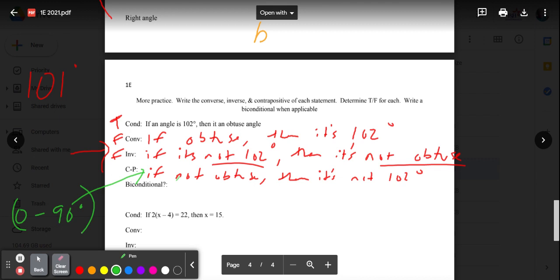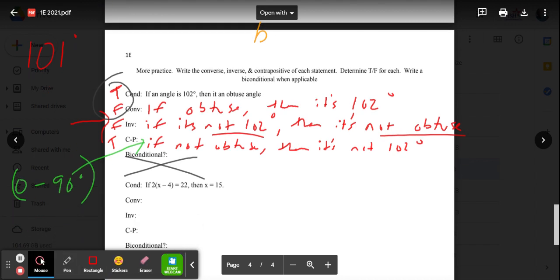If it's 0 to 90, then it cannot be 102. So this statement's true. On this one, we cannot write a biconditional, because we have a true conditional and a false converse. Can't do it.